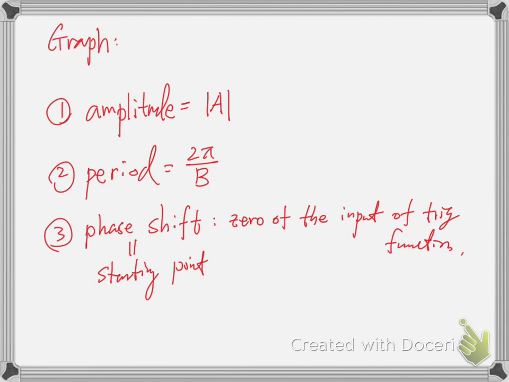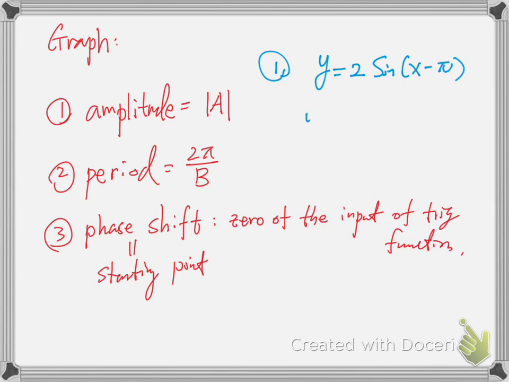Okay, so we have these three important definitions. Now let's look at the first example and understand the three calculations first. What are a, b, and c? First example: y is 2 sine of x minus pi.